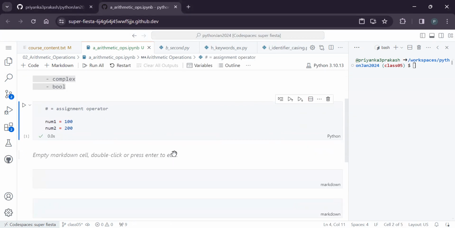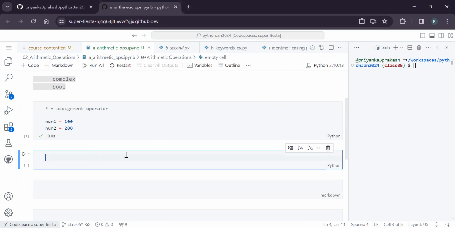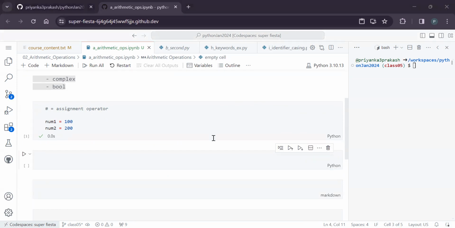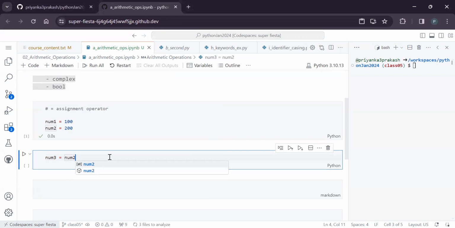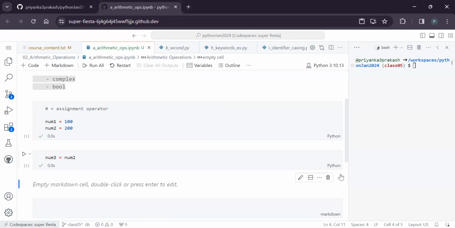Now if I want to assign one value to another, I can say number 3 is equal to number 2. I need not worry about anything else. I can just directly do it.